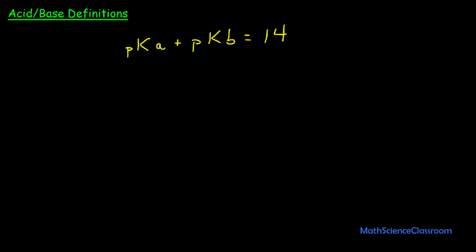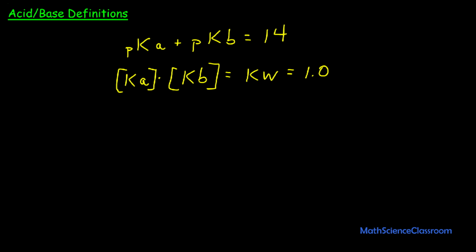And Ka times Kb equals Kw, and Kw equals, it's the equilibrium constant of water, so it would be 1.0 times 10 to the negative 14.